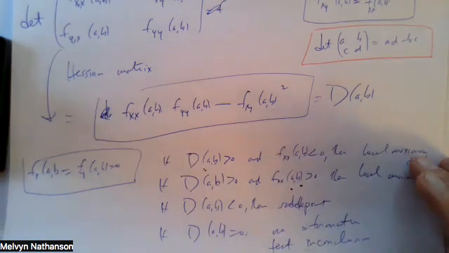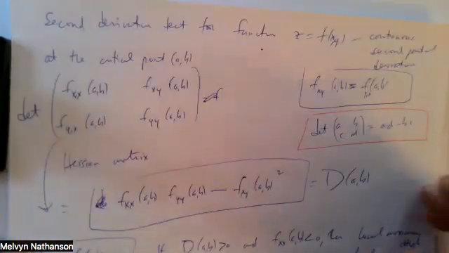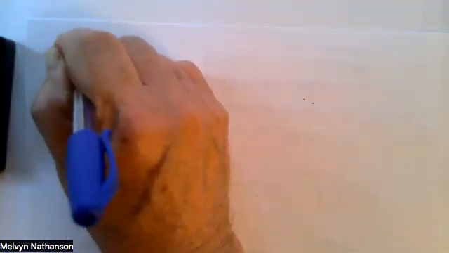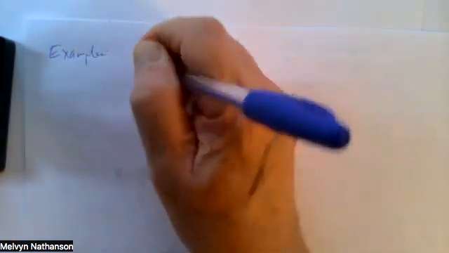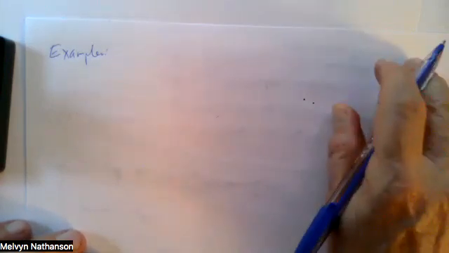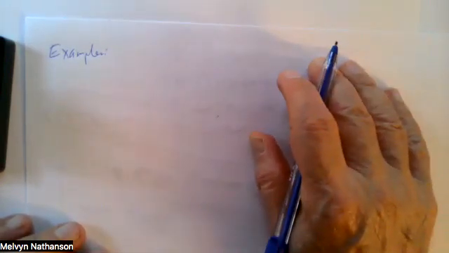All right, so let me spend some time working out local maxima and local minima for functions. So, examples. All right, so really the way to understand this is to follow the examples carefully.